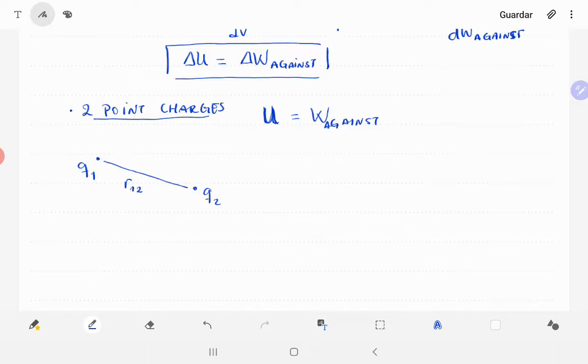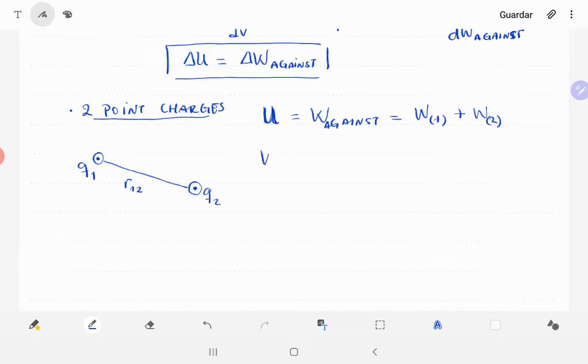So we begin by having the 2-point charges at an infinite distance, and we begin bringing point charge 1 to its position. So this is going to be the work W1 we have to do to bring point charge 1 to this position, and then we have to bring point charge 2 to its position. So we're going to call that W2, which is the work we have to do against the field to bring the second point charge to its position.